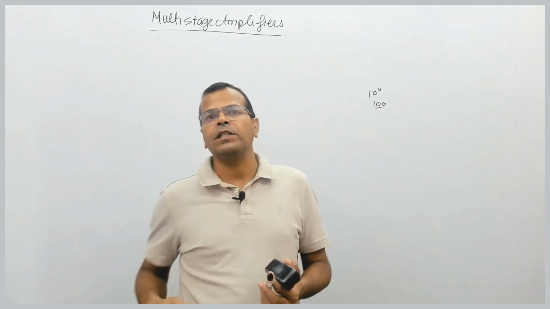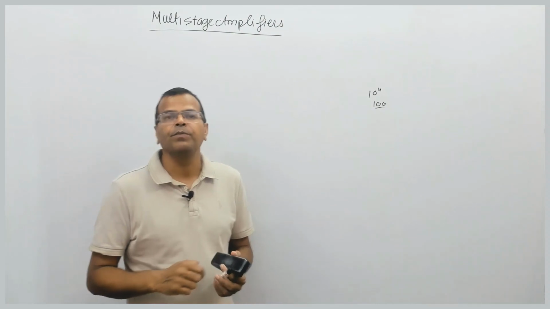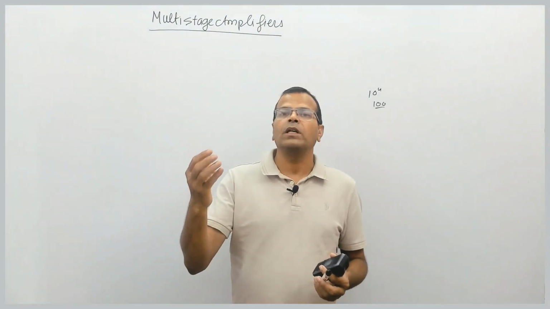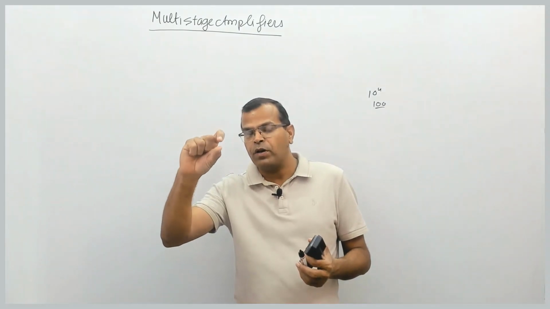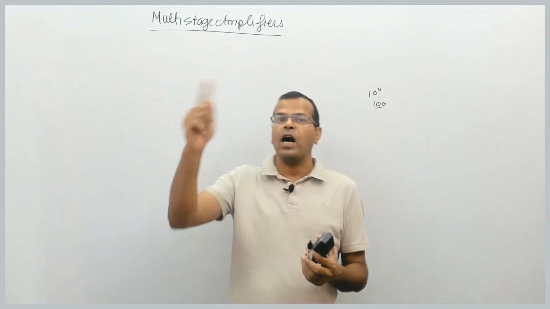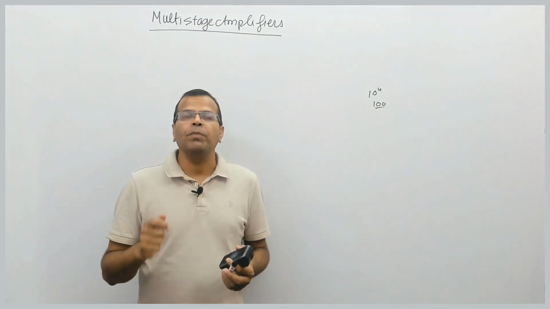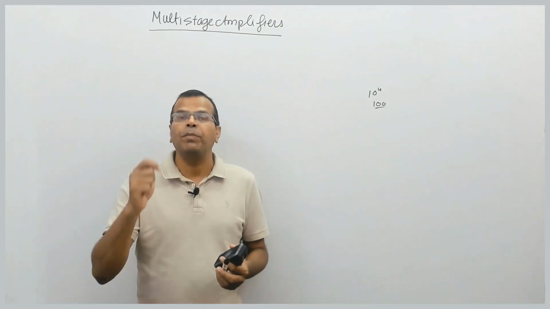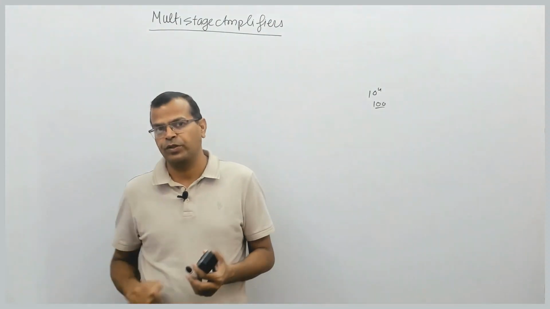In multi-stage amplifiers, there are important points to be noted. There are different coupling devices between the input of the next stage and the output of the previous stage. We classify the multi-stage amplifiers on the basis of those coupling devices used.